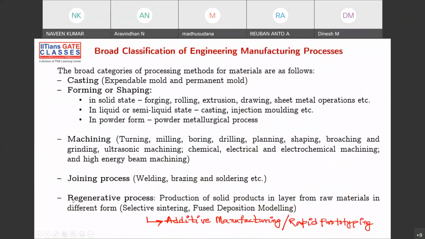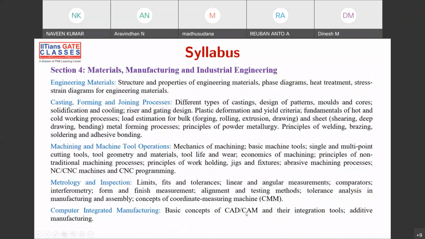And one more thing has been added in GATE 2020. From 2020, 21, 22, we had an addition in the syllabus, that is additive manufacturing. If you see the new syllabus under computer integrated manufacturing, you can see additive manufacturing added here. So let's discuss a little bit of additive manufacturing also.